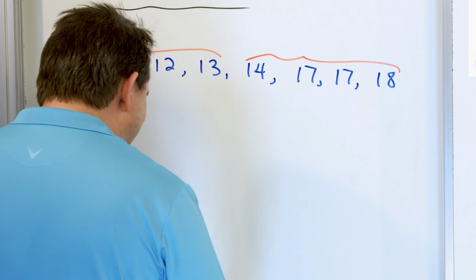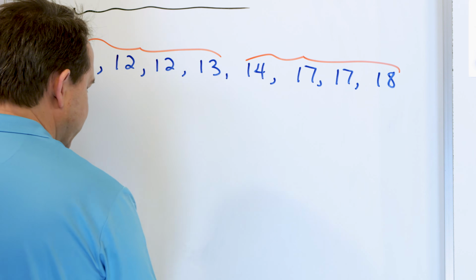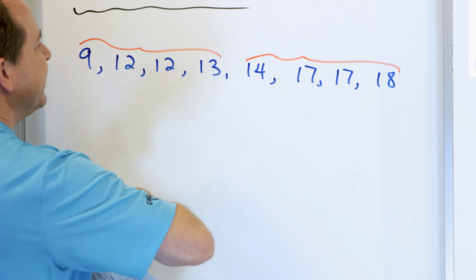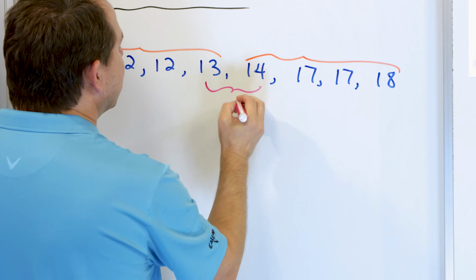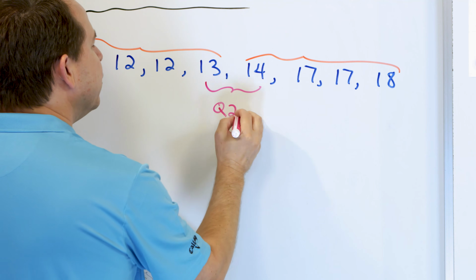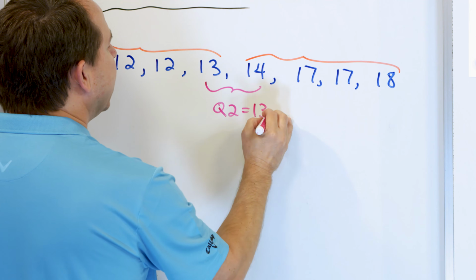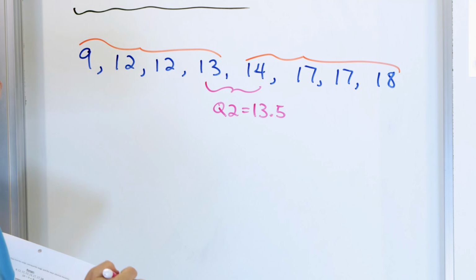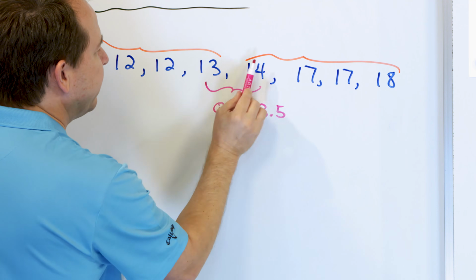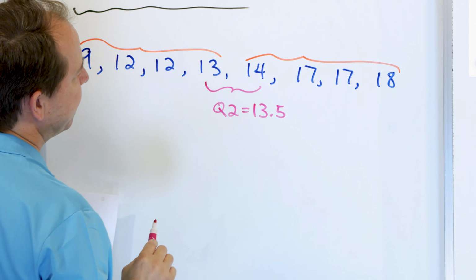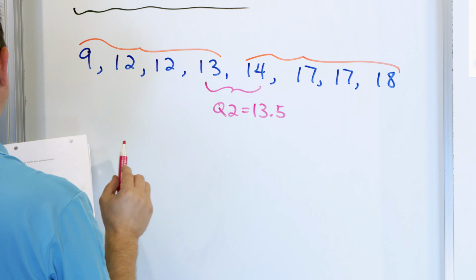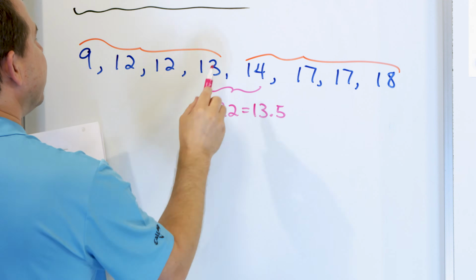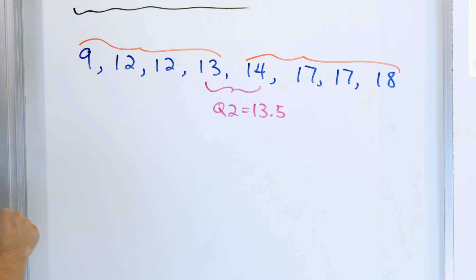So we don't have a good center value. Instead we average 13 and 14, and the median Q2 works out to be 13.5. You don't even have to calculate it, because all you have to do is say what's between 13 and 14: 13.5. If you want, you can add them, 13 plus 14 is 27, divide by 2, and you get 13.5.